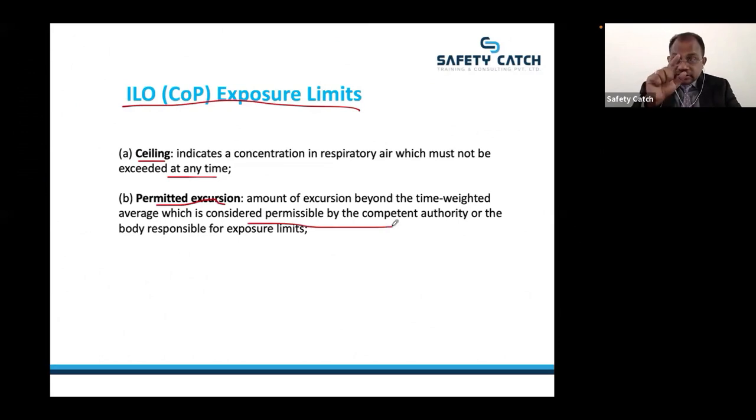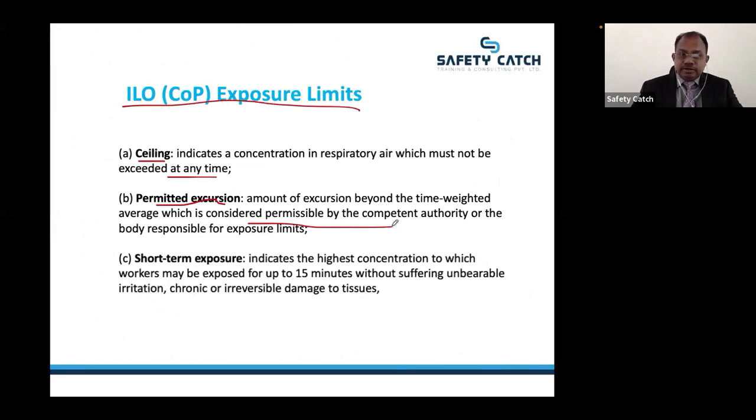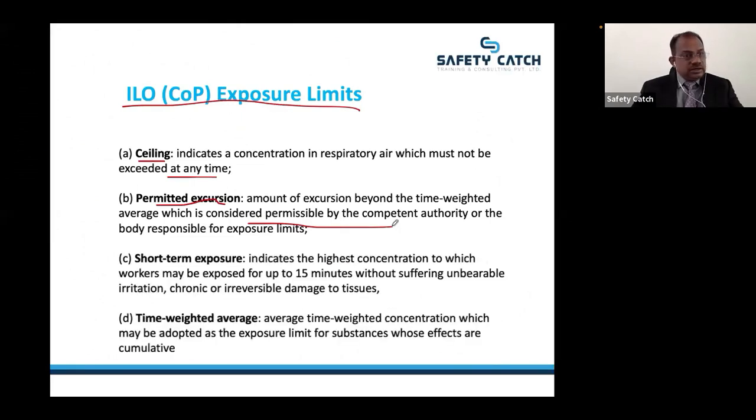Like you have seen in the EH40 table, for carbon monoxide 20 was normal, but they have an excursion value of 30 or 40, which you have seen for tunneling and mines. That is called permitted excursion. Some competent authority is permitting them for that excursion. Short-term exposure, 15 minutes. Time weighted average, 8 hours. So these terms, we have already studied.